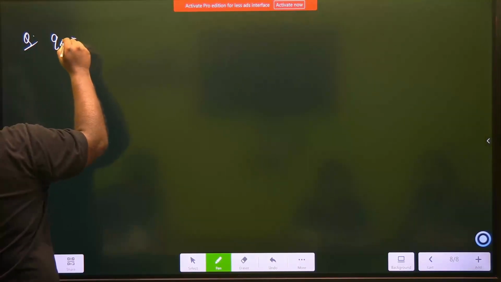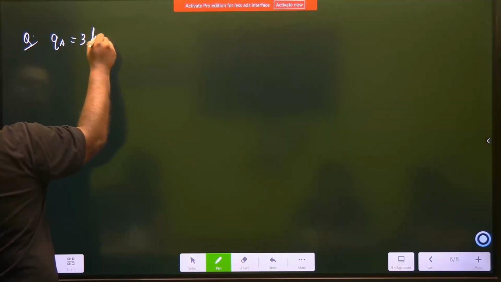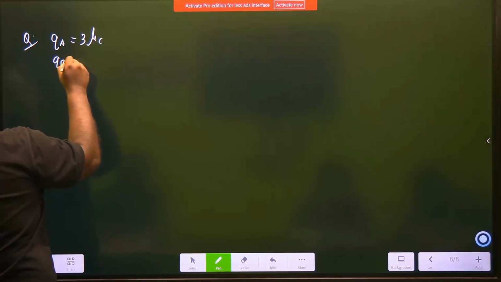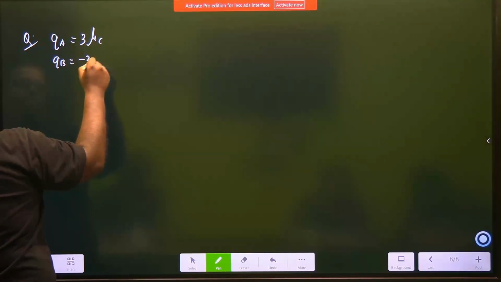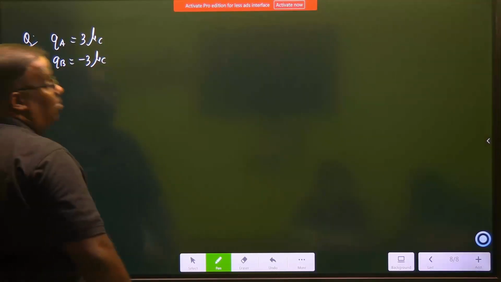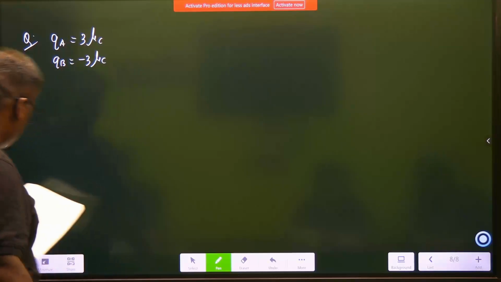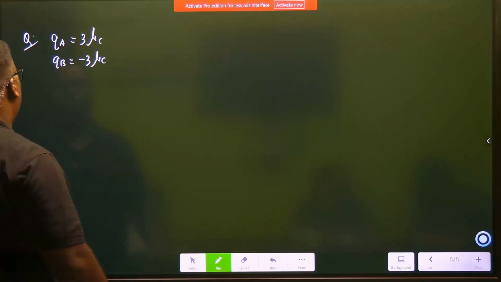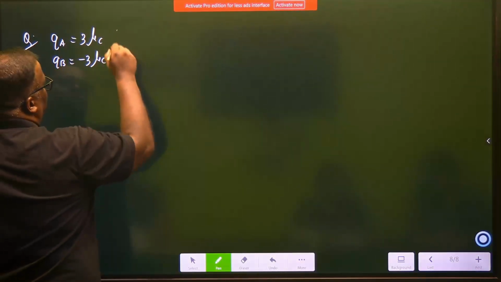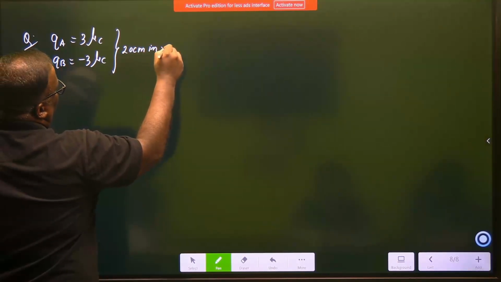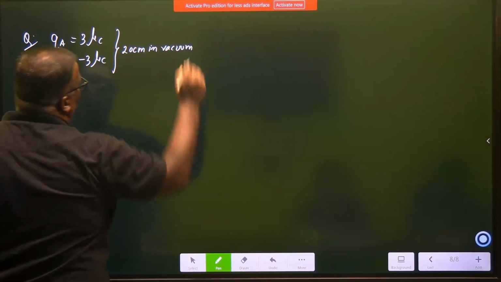QA is given as 3 microcoulomb, and similarly you have QB, which is equal to negative 3 microcoulomb. Now this is like a dipole. 2 equal and opposite charges separated by a finite distance constitute a dipole, which we have not yet studied, but we will study. And their separation is 20 centimeters in vacuum. Vacuum means, children, you can happily use small k.